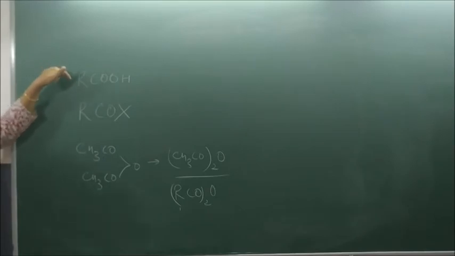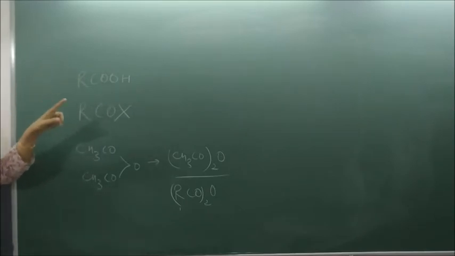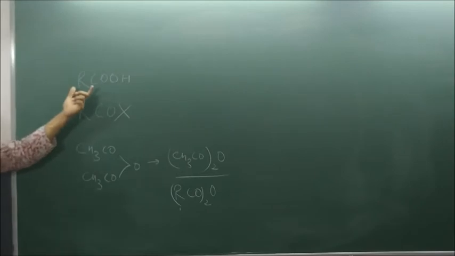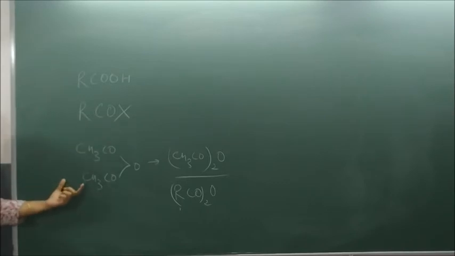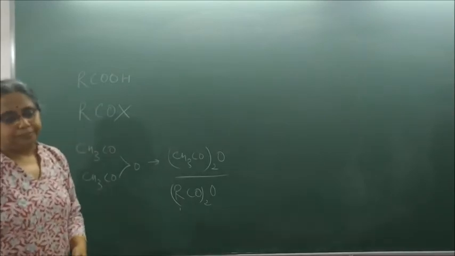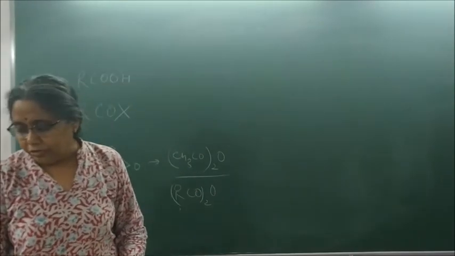If I react this with alcohol, I will get ester. If I react this with alcohol, I will get ester. If I react this with alcohol also, I will get ester. So this is carboxylic acid, this is acid chloride, this is acid anhydride. Please write the general equation.